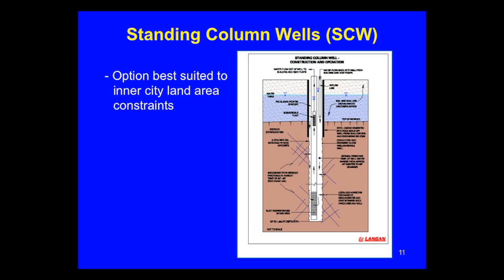So here's another look at that standing column well, and these are again something that we're installing in New York City. They deliver for about a 1,500-foot well about 20 to 25 tons of cooling demand. And again, this is simply a cartoon sketch, because when you design a well, you actually design it in a telescopic way where you start out drilling a very large diameter bore on the order of 20 inches.